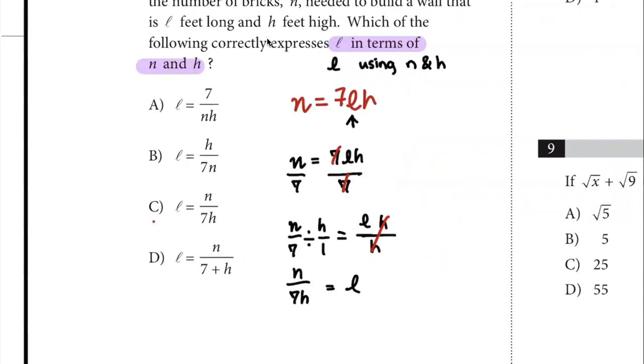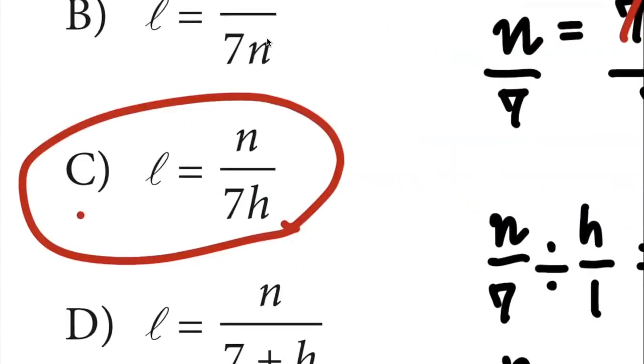So L will equal N over 7H, and that's the only answer you should be getting, or the letters swapped. So yeah, that works too, but that's kind of a weird way to write it. But that's it.